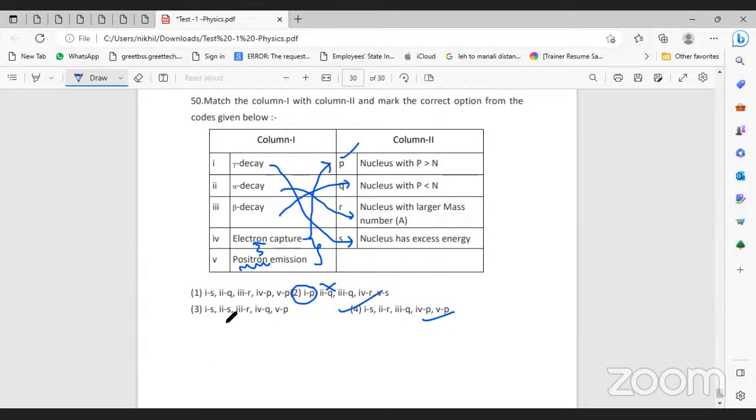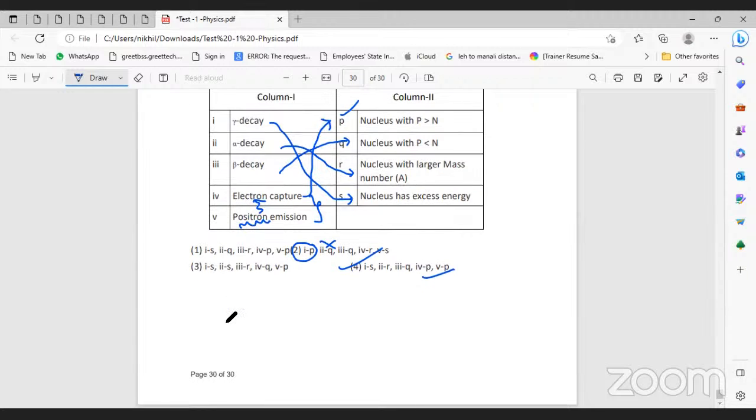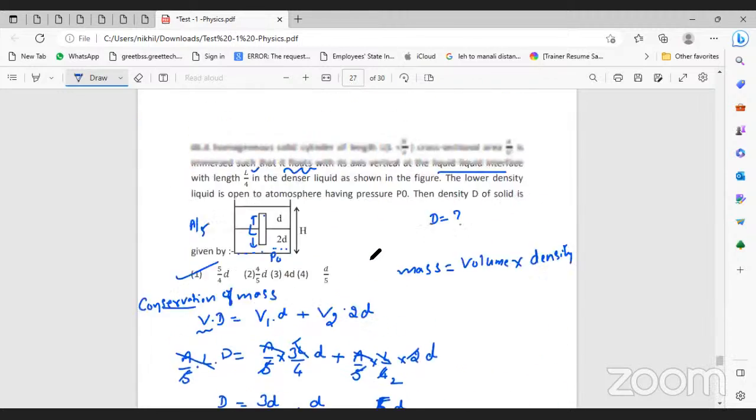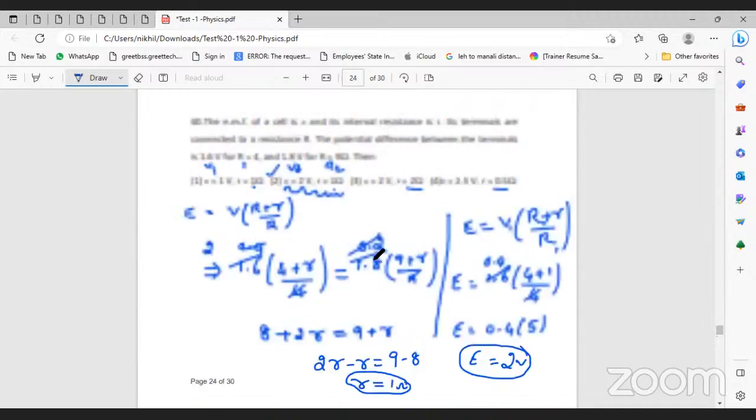So these are the paper which you wrote on Monday. These are the 50 questions. You can rectify the mistakes you made while doing the exam. During the exam, whatever mistakes you made, you can rectify now, students. Next week also, I think you are writing one more paper, and we'll discuss that paper.